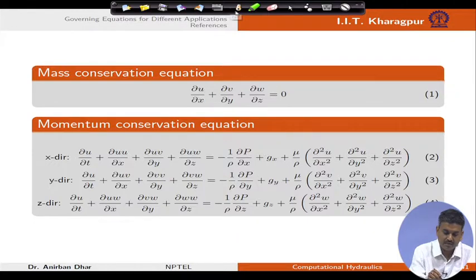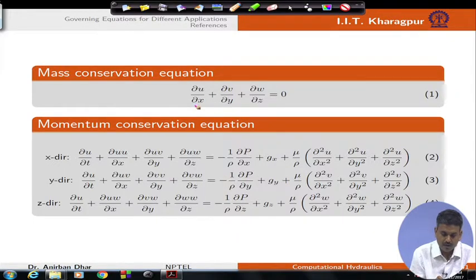In this case, del u by del x represents the change in the x direction, del v by del y the change in the y direction, and del w by del z the change in the z direction. u, v and w are the 3 components of the velocity vector in 3 directions.